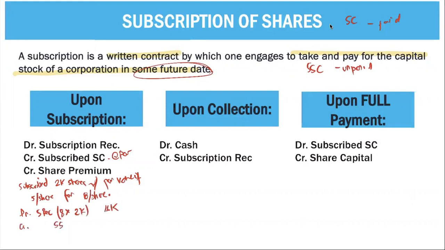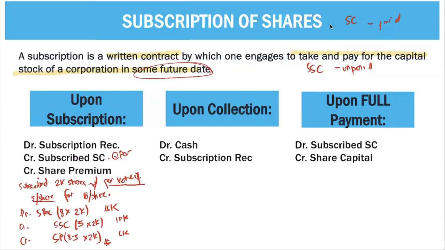And then we credit subscribed share capital at par. So what is our par value? Par value of 5 per share times 2,000 shares, 10,000. And lastly, the difference, a credit to share premium, 16 less 10, we have 6,000. Or the difference, 8 less 5 multiplied by 2,000 will still give you 6,000.